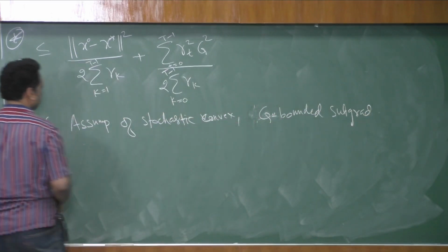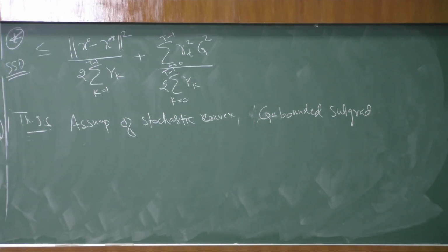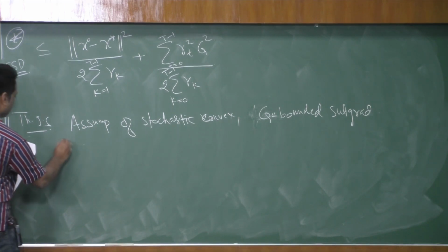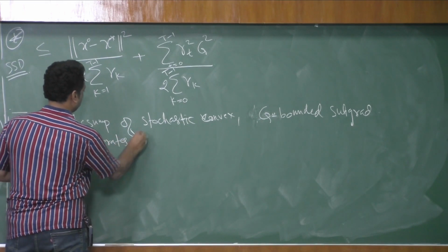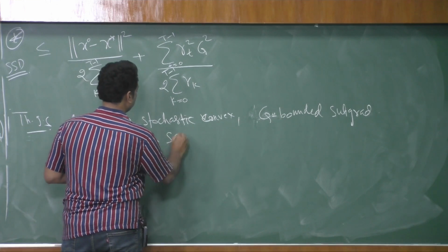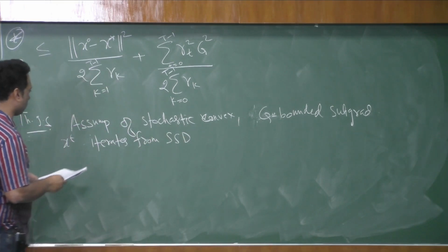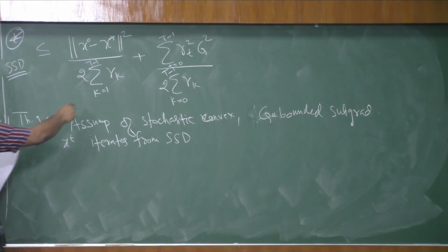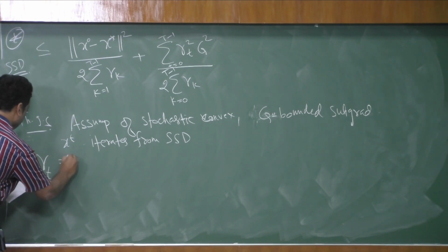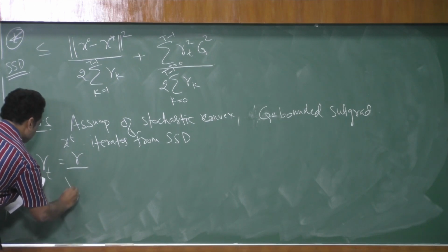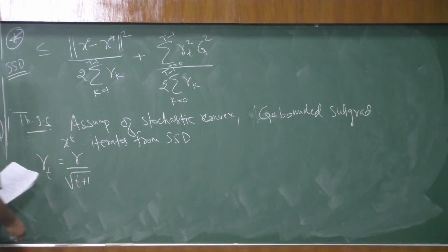These two assumptions are as usual, and we are using the SSD algorithm. So x_t is the iterate computed by the SSD algorithm, and the main thing we want to study is some choices of the step size. Let us say the choice of the step size is gamma divided by square root of t plus 1, where gamma is something greater than 0.